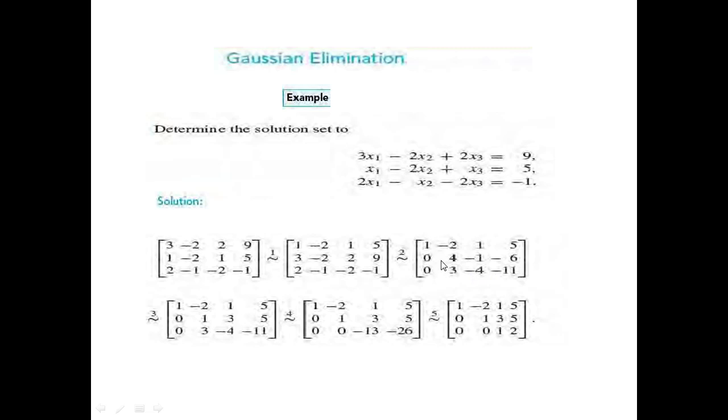So why are we doing so? We want to convert that augmented matrix into reduced echelon form, right? Now we want to convert 4 into a leading one.